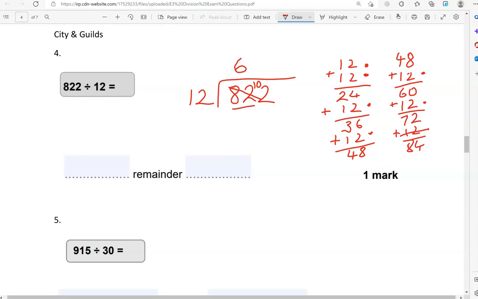So now we're looking at how many 12s fit into 102. At this point here we had 84. That was for 7 lots. So if I add another 12 here, that is 96. I can try to fit another one.